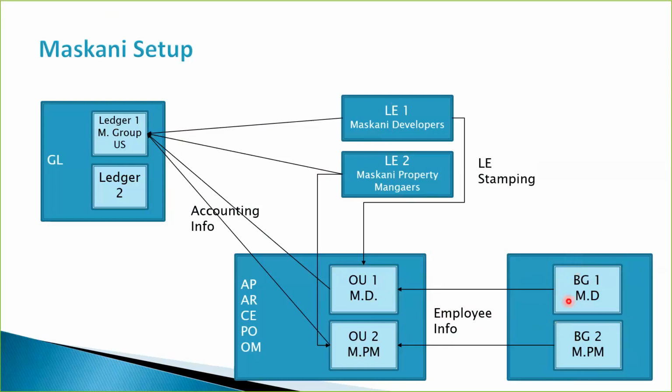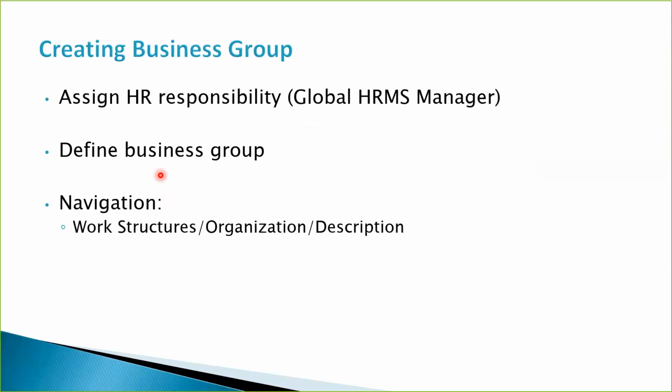So this is the overall look of our setup that we are going to try and implement on our instance. So the first thing that we are going to do is to create a business group.